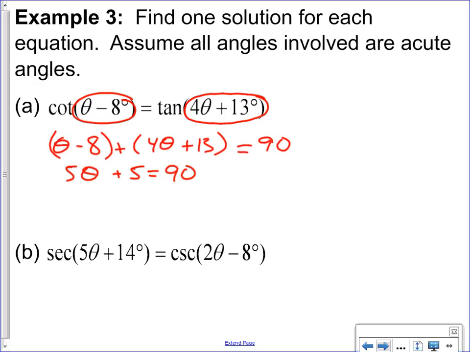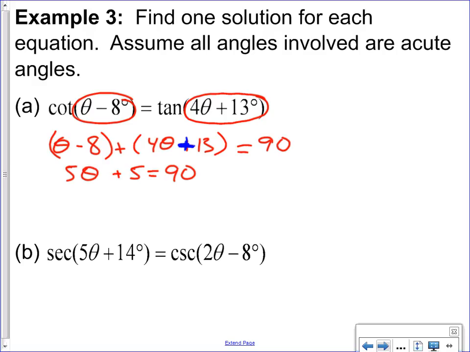So what is it? Negative 21. You know what? That's not going to be pretty. Change it to plus 13. Sorry about that. It's just going to be a fraction, and I don't like fractions this time. So change it to a plus.